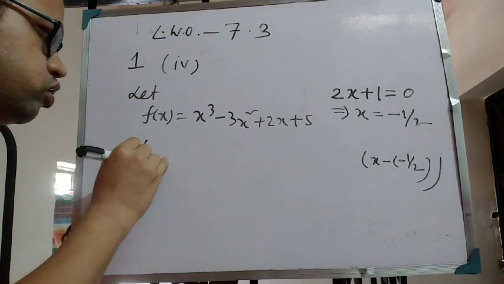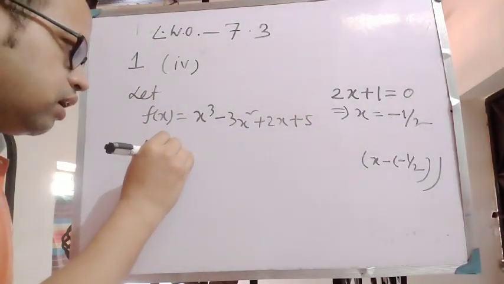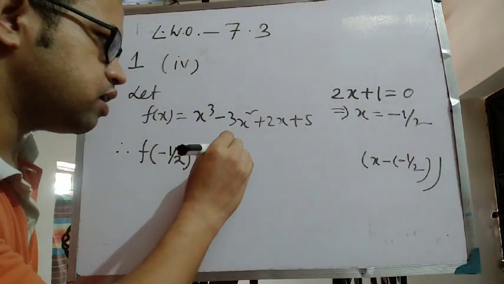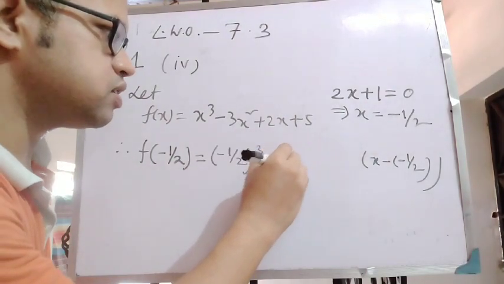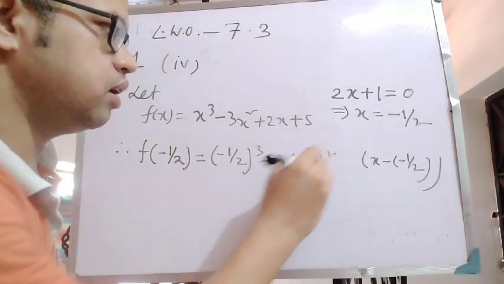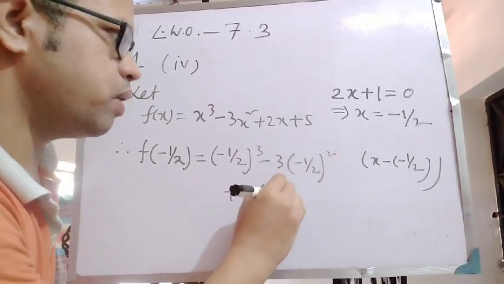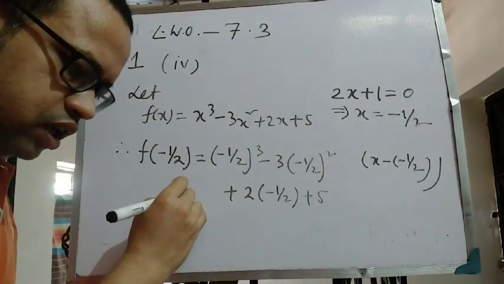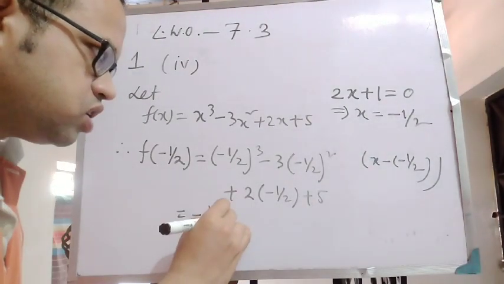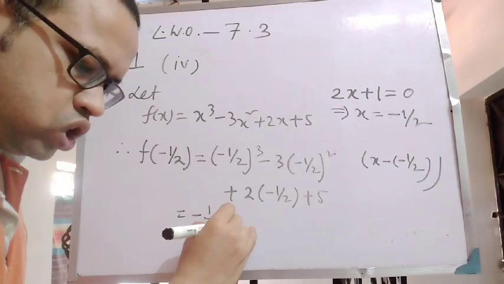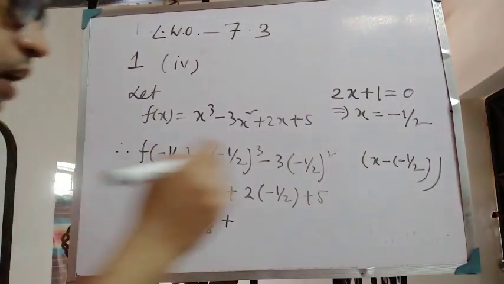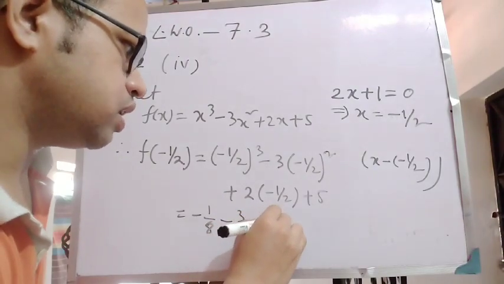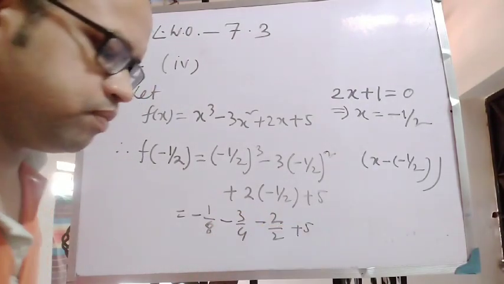So clearly, substituting the value in the expression, the value of f(minus half) will be (minus half) cube minus 3 (minus half) square plus 2 (minus half) plus 5. After simplifying, you will get minus 1 by 8 minus 3 by 4 minus 2 by 2 plus 5.